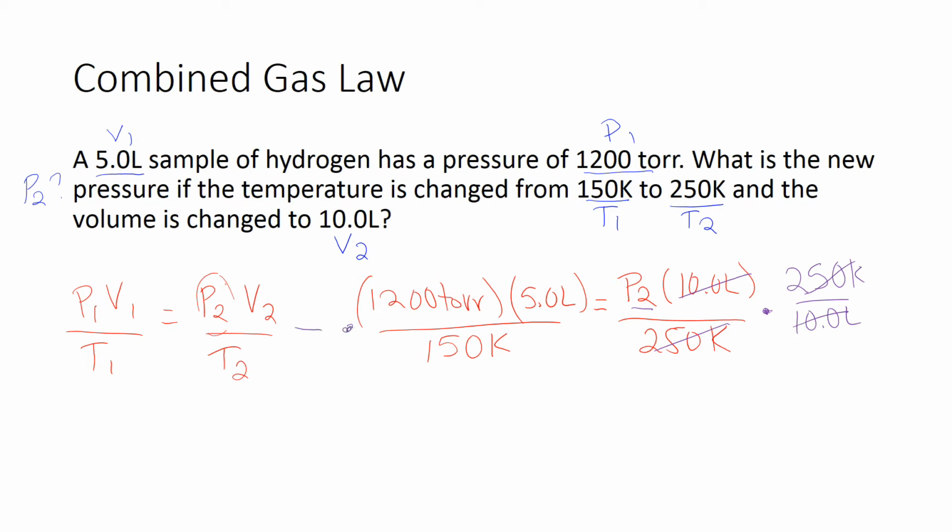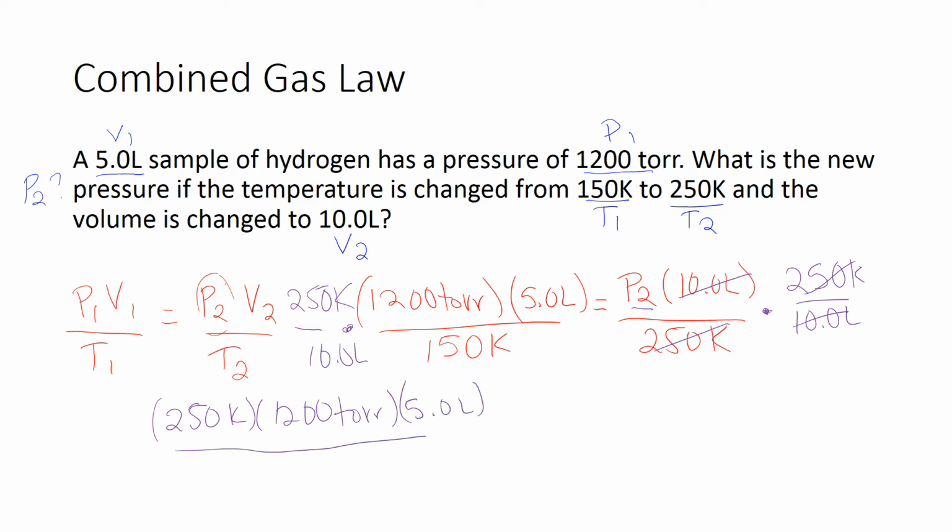So I'm going to come over here and do the same thing: 250 K will be multiplied across the top, and 10.0 liters across the bottom. So now my problem looks like this: 250 K times 1200 torr times 5.0 liters divided by 10.0 liters times 150 Kelvin.